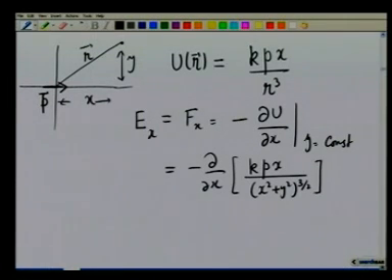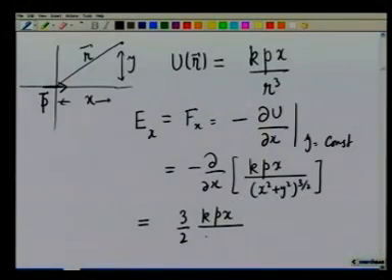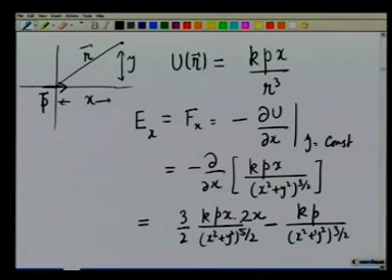And when I do that, I differentiate this first, I will get 3 over 2, this minus sign goes with that, k p x over x square plus y square raised to 5/2 times 2 x, minus k p, I differentiate x, so I get divided by x square plus y square raised to 3/2.